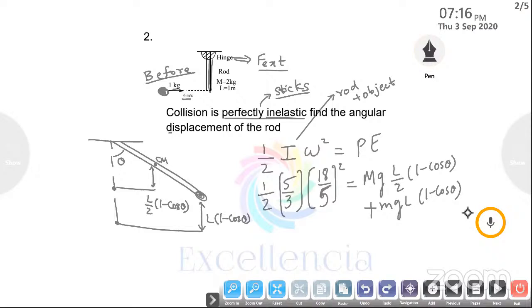Solving this, we get the theta value. Mass is given, length you know, all the masses are known. Substitute, we'll get theta value. That is what is being asked. Angular displacement is the angle that it rotated before it stopped.